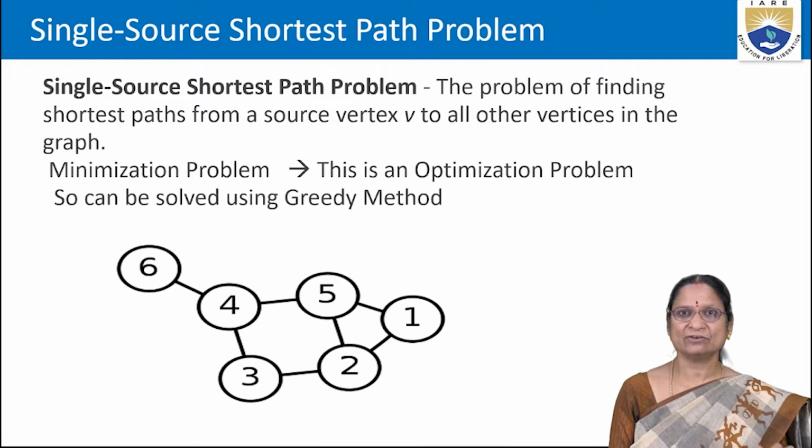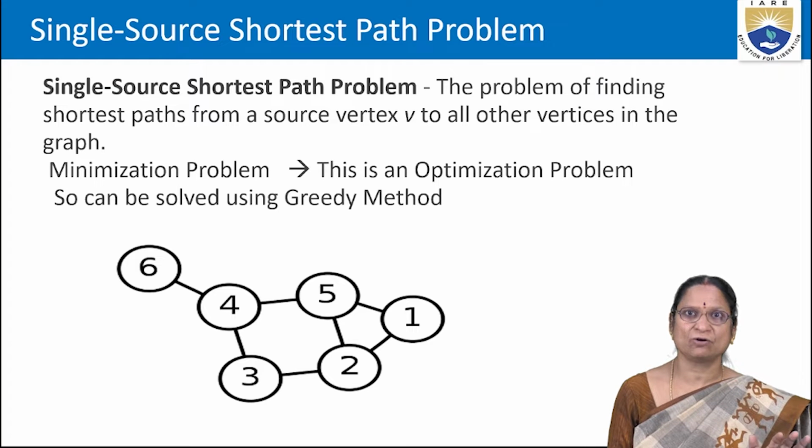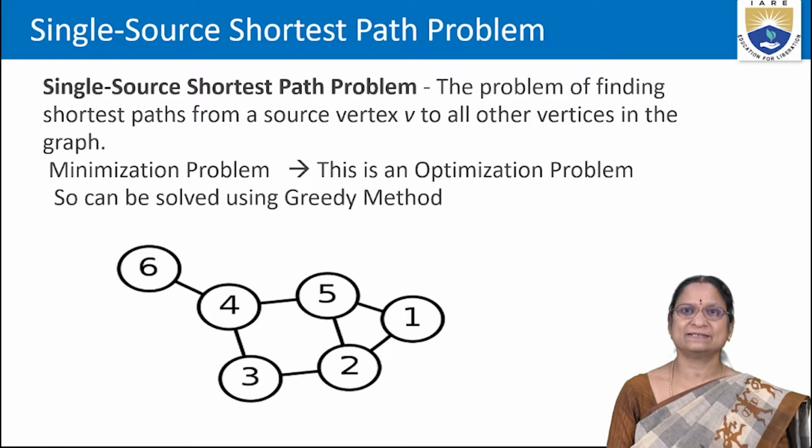That means here there is no single destination. All other vertices are considered as destinations. So the path must be identified from a given source to each and every other vertex, considering it as its destination. So the shortest path we have to find out.